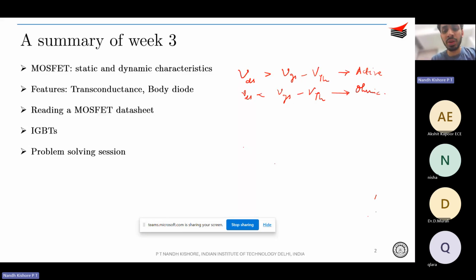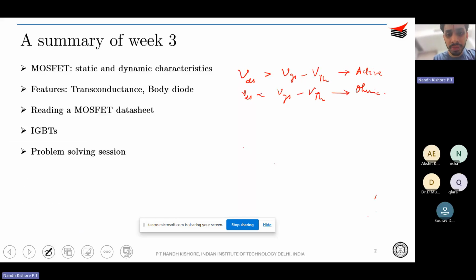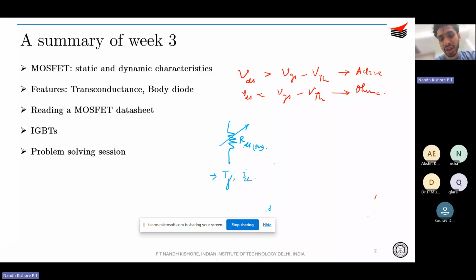So if it's in the ohmic region, obviously you can approximate your MOSFET to be a resistor, and you call this RDS on, right? Drain to source resistance in its on state. And you of course know this is actually a variable, because it depends on multiple parameters, including the junction temperature of the device and of course the channel current.